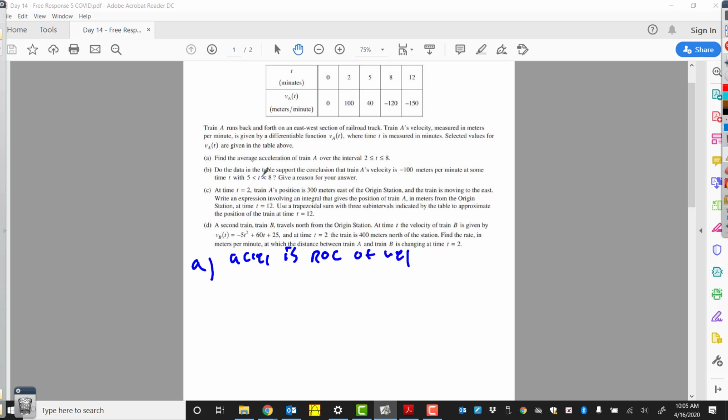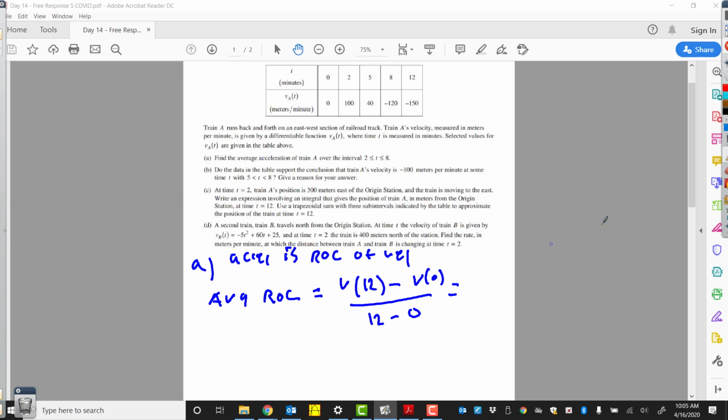So what this is asking for is the average rate of change of velocity of the train. Well, average rate of change, that is, in this case, v of 12 minus v of 0 over 12 minus 0.